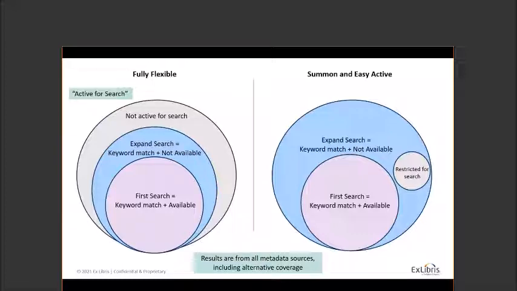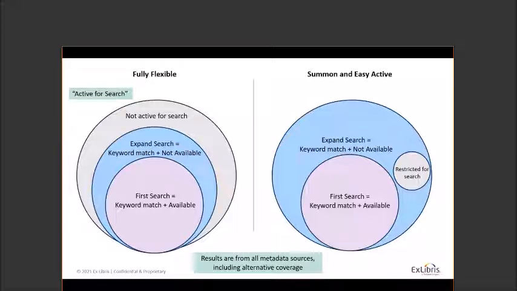And how does this happen? In the first search, and now I'm talking about the inner circle, the pink one, users will see results that are matching by keywords, are available for search, and are available for full text, which means that the library has a full text subscription to read the full text.